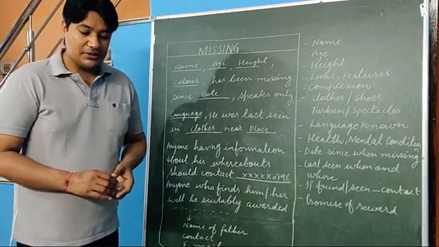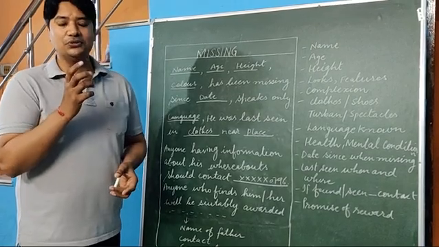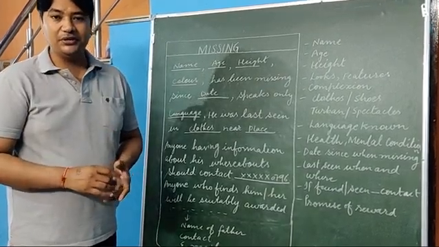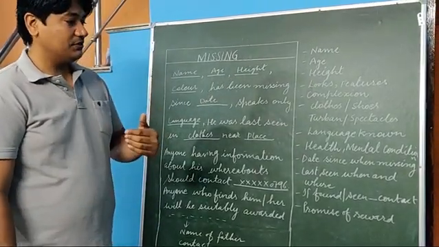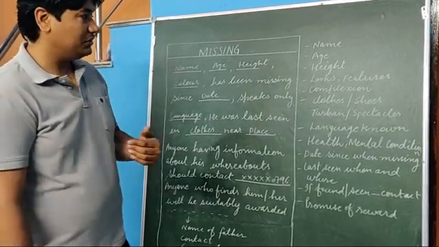Suppose we are to give the details of a missing person or child in the newspaper, these are the things we must mention in the advertisement.